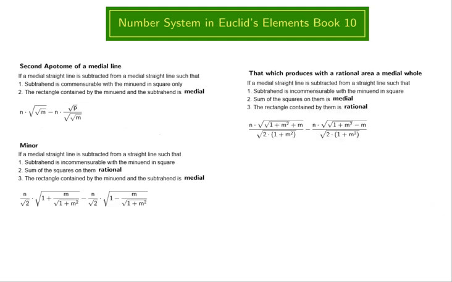Now, let's look at the next one. That which produces with a rational area a medial whole. So here, if a medial straight line is subtracted from a straight line such that the subtrahend is incommensurable with the minuend in square, the sum of the squares on them is medial, the rectangle contained by them is rational, then it is called that which produces with a rational area a medial whole.